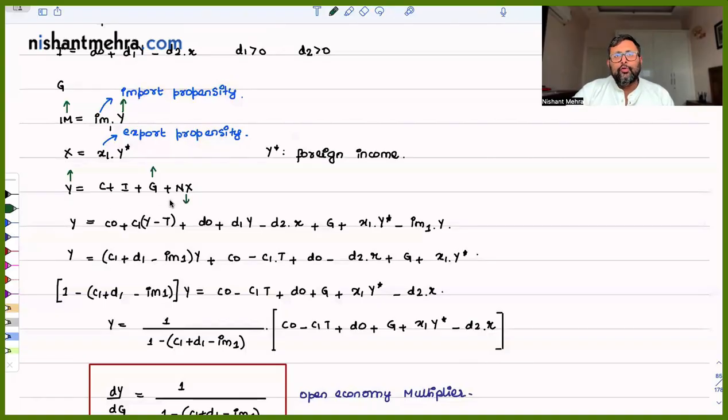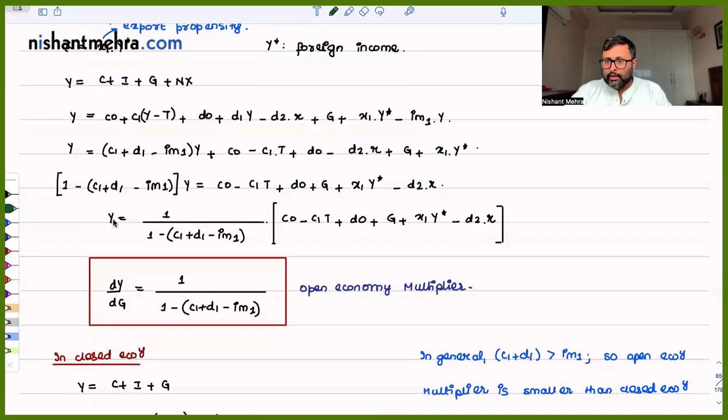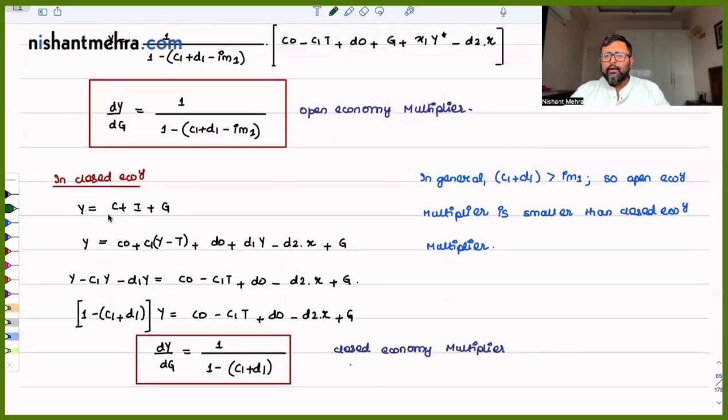So this fall in net exports is going to wipe out some of the increase in Y which has been made with an increase in G, right? So the increase in Y in the open economy is going to be lesser as compared to what it would be in the closed economy. This is also called the crowding out of net exports, right?